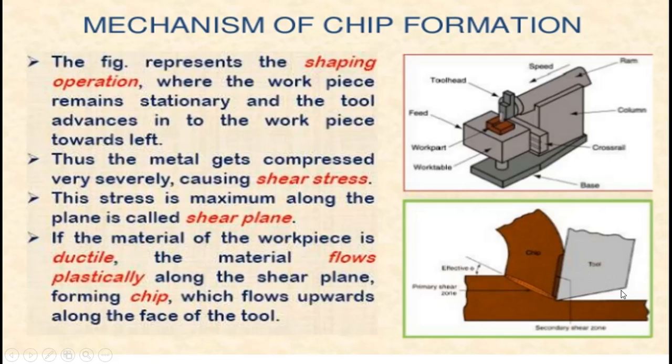When the tool is brought in contact with the workpiece, the forces exerted by the tool are greater than the yield strength and shear strength of the material, due to which the material is deformed plastically and removed in the form of a chip.